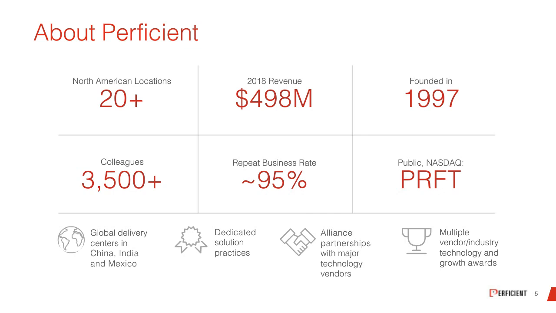We have partners that we partner with on the technology side, including Oracle, OneStream, IBM, and Microsoft. So those are some of our larger practices that we have. So once again, if you have any questions on Perficient, feel free to look us up or reach out to us afterwards.